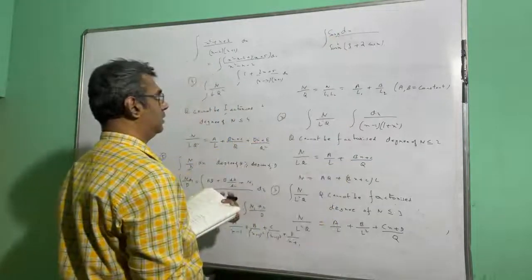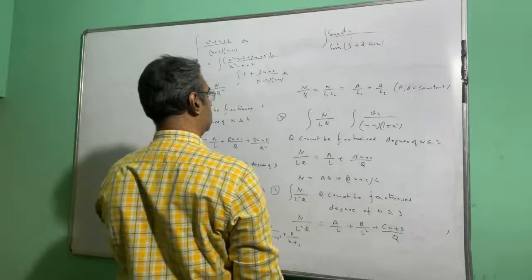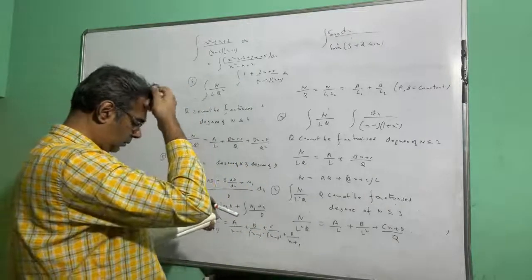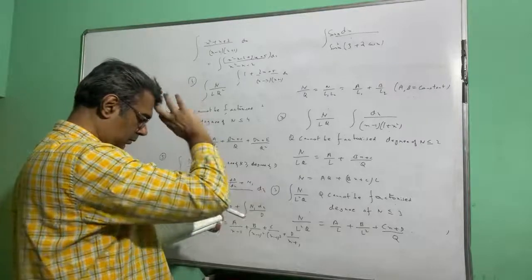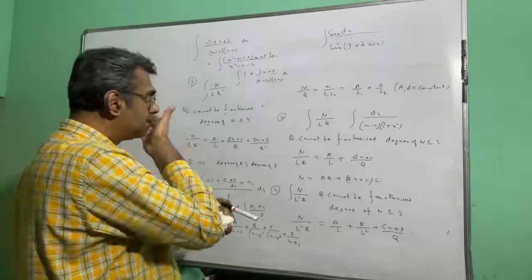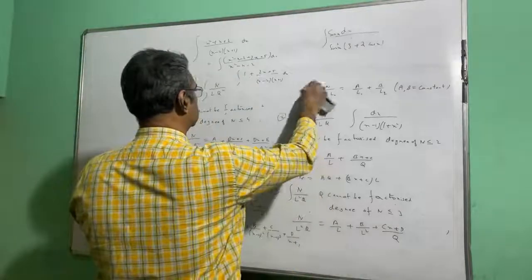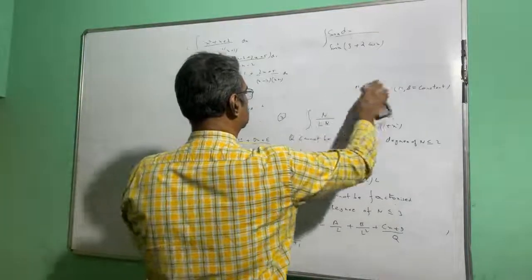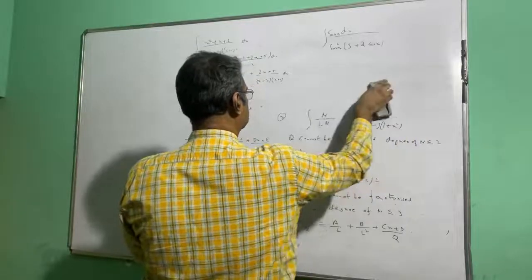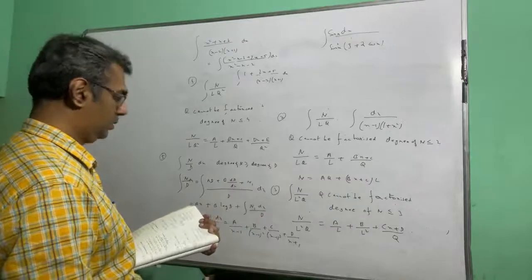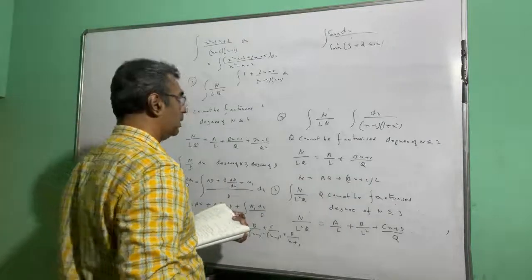So this is integration sin x by sin square x into 3 plus 2 cos x.